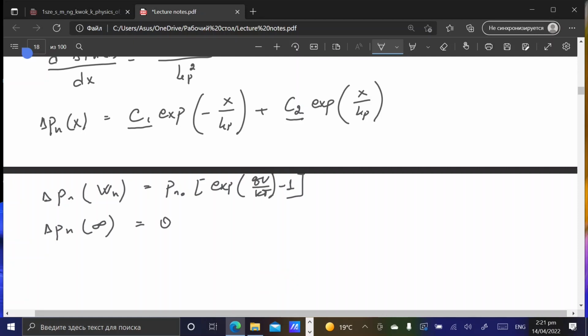So we should not have any excessive non-equilibrium minority charge carriers; the total concentration will go to the minority carrier concentration under equilibrium condition.